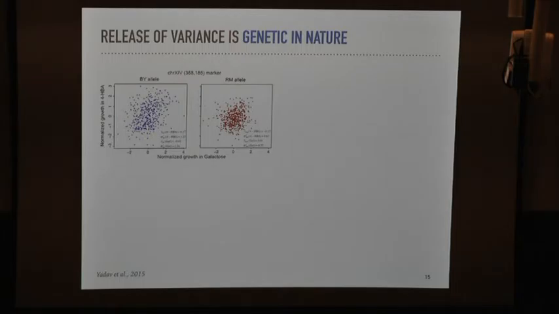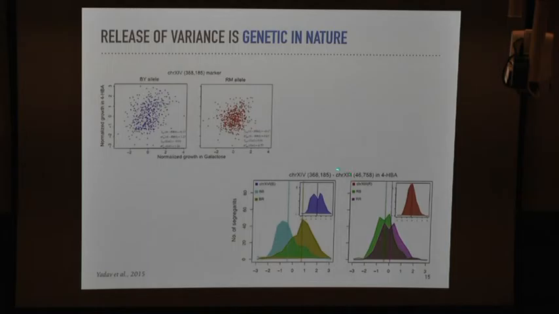Now, what we were able to show was that this increase in variance of the BY allele is due to different genetic interactions in two different environments. For example, this marker, which is the same one, interacted with the marker on chromosome 13, and the BY allele interacted with the marker on chromosome 13 to bring about a change in hydroxybenzaldehyde, which is this axis, and you can actually separate the effects of the two.